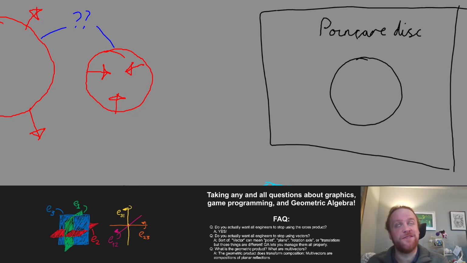The disk part looks the same as the Klein disk, but the things that go on inside the Poincaré disk look different. So a line in hyperbolic space, in the Klein disk, looks like a line, but in the Poincaré disk, it looks like a circle.